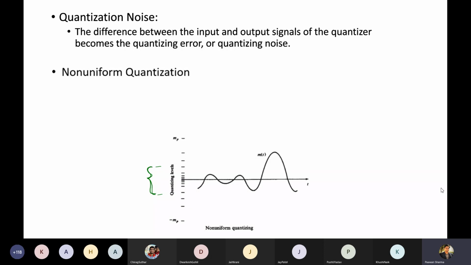Instead, you assign fewer levels to the range of values which are rare in occurrence. In that process, you lose uniform step size, resulting in non-uniform step size, where the step size is larger for rarely occurring values of the signal and smaller for the most frequently occurring value range. I hope it is clear to everyone.